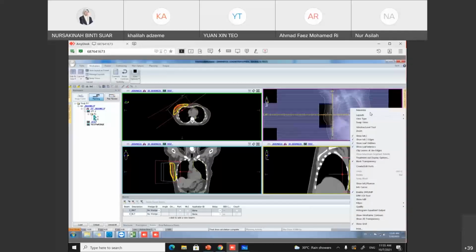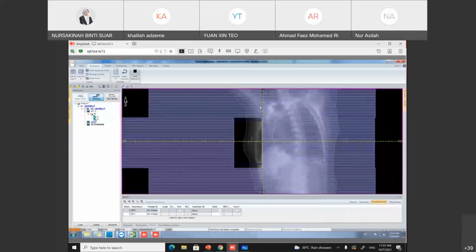So when you see here, this is the chest wall. The darker color here is the lung. So the maximum distance from the chest wall to the lung is actually 2 cm only.